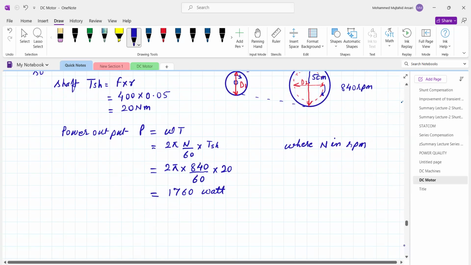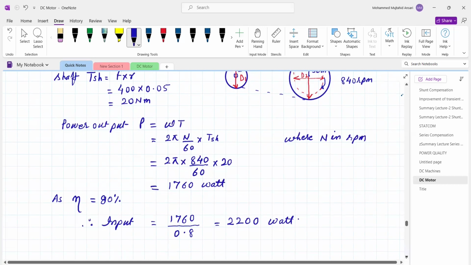Therefore, as efficiency is 80%, input is equal to 1760 divided by 0.8, and the power input is 2200 watt. This is the input.